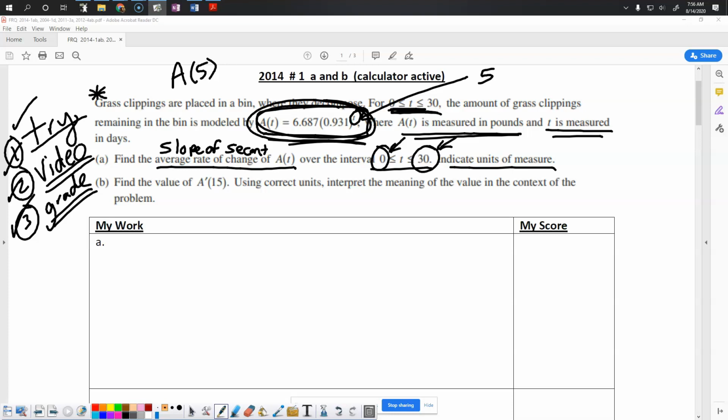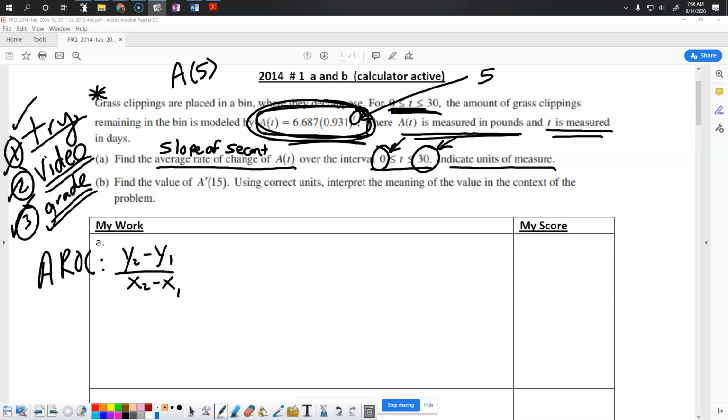So the slope formula, as you guys know, is y2 minus y1 over x2 minus x1. Okay, this is how you find an average rate of change.